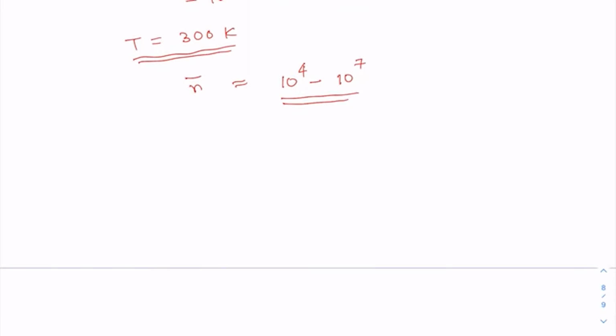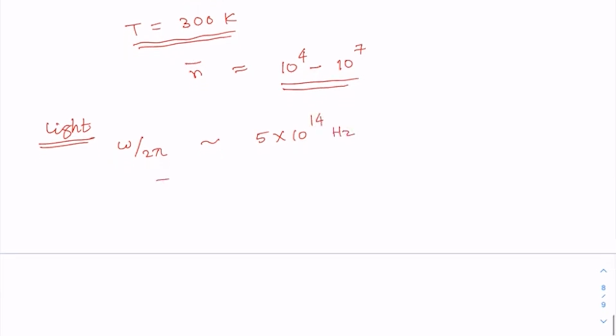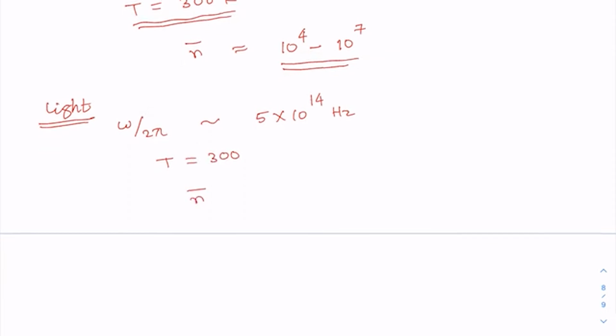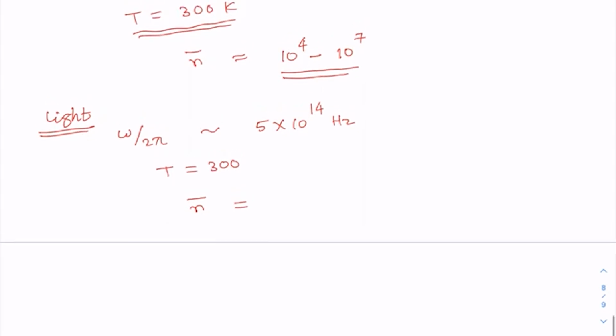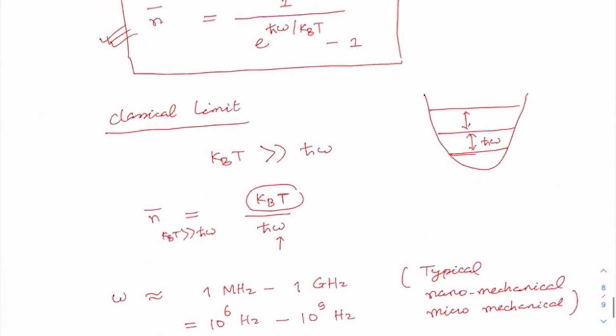Light has a typical frequency, if I can consider it as some kind of oscillator, on the order of 10 to the power 14 hertz. And even at room temperature, if you try to calculate their mean occupation number of the quanta, or basically the mean number of photons at 300 Kelvin, then just use this expression.